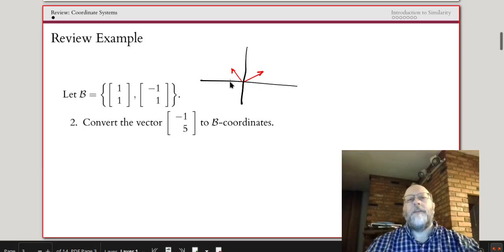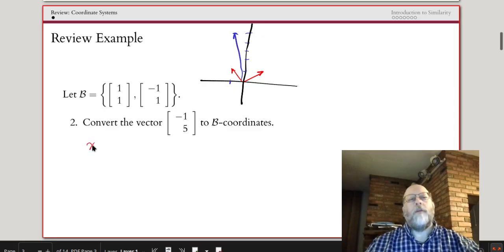So that's negative 1 in the x direction and 5 units in the y direction. And how would we write that vector as a combination of vectors in B? So this is a slightly harder problem.